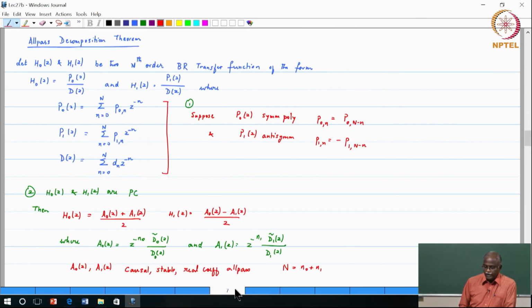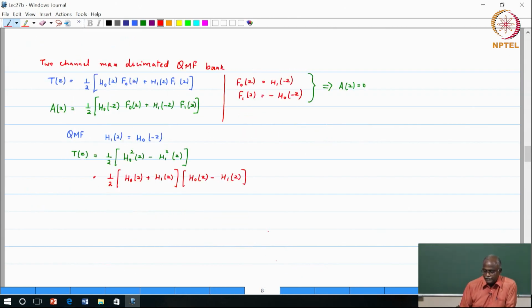If you go back and look at your all pass decomposition, add H naught and H1, you will get A naught of z. So this comes out to be A naught of z, this one comes out to be A1 of z.